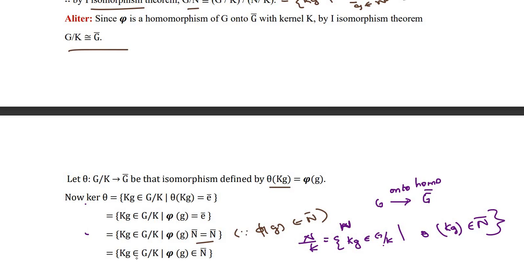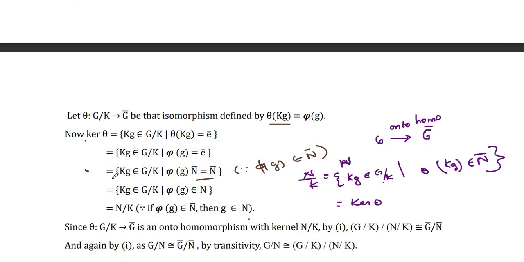So kernel theta is all those right cosets Kg for which phi of g is in N bar. But this is nothing but N mod K. Why?